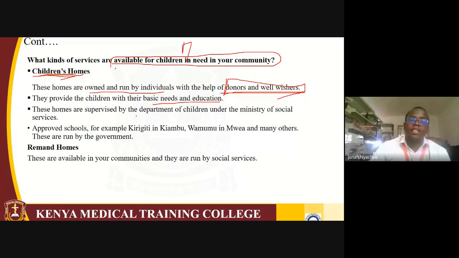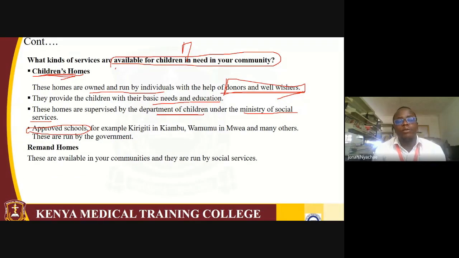And these homes usually are supervised by the Ministry of Social Service. So even if you want to open and run a children's home, you must go to the Ministry of Social Service, register, and be issued with a certificate to be able to run those homes. We also have approved schools for those children who may have deviated from good manners.